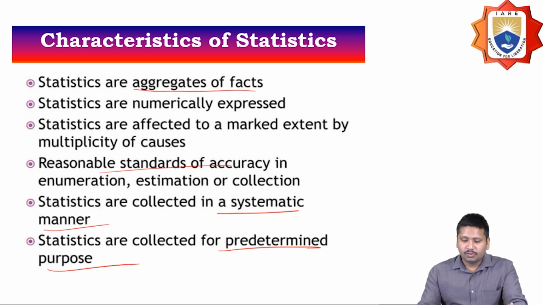For that, I already told you the main characteristics of statistics. Mainly, statistics are used for aggregations of facts, numerically expressed, and collected in a systematic manner, and the values collected should be used for a predetermined purpose.